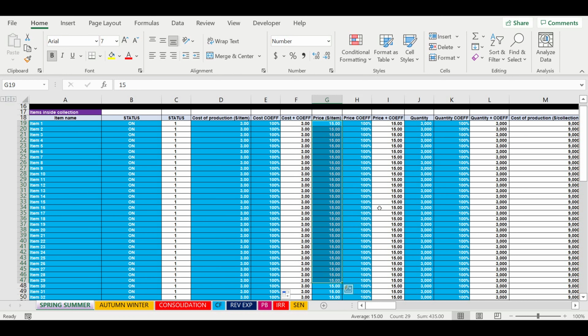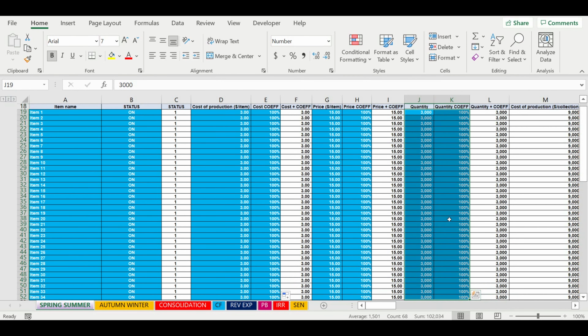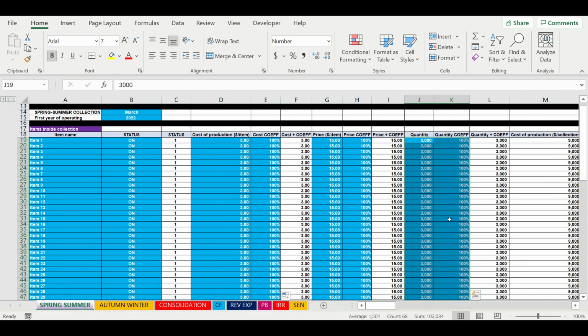Then we have the same block with the quantity of items that we are going to sell during the period when we sell our collections. This is the amount of items that we order from the factory where we produce all our items.